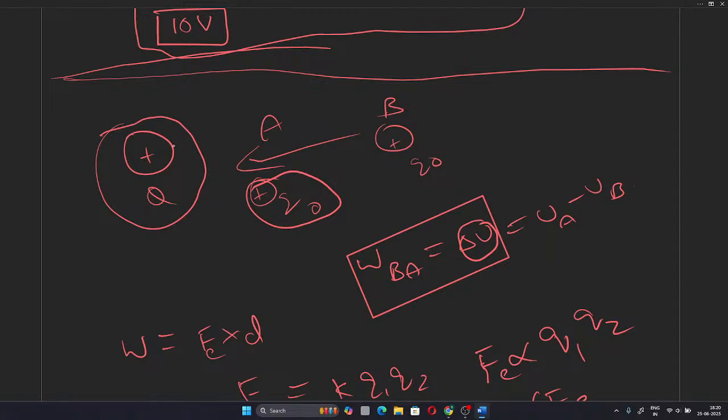This potential is more convenient if we take it as only the positive Q charge, the main charge, in a static charge configuration.